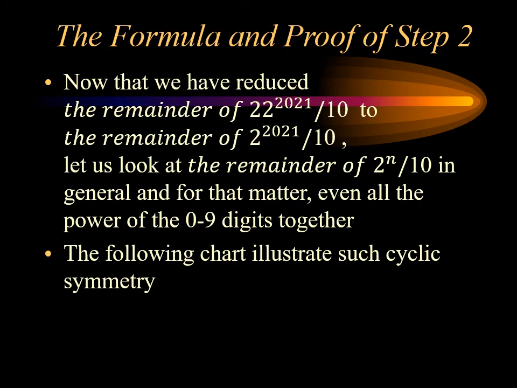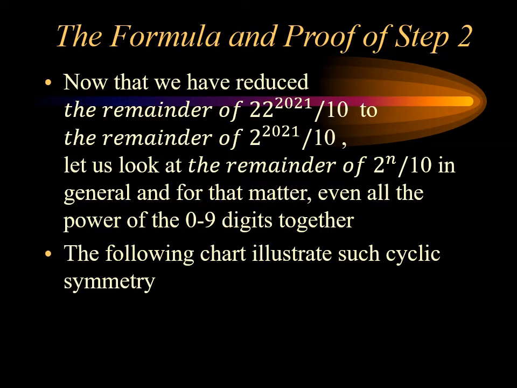Now we look at the cycle part of the power. You can see here, we already reduced that big number, 22 to the 2021st power, to a still very big number, but a much smaller 2 to the 2021st power.